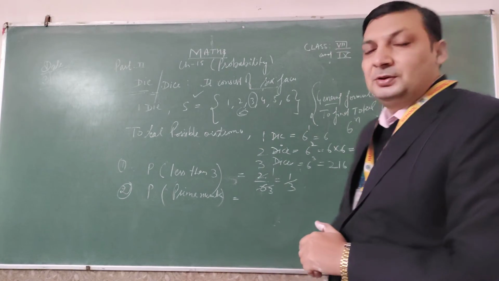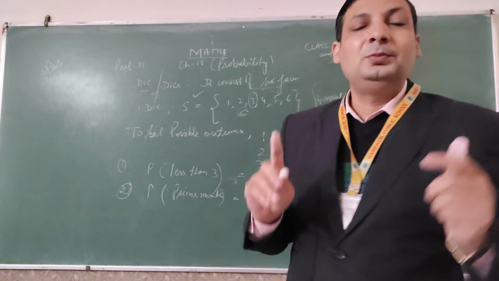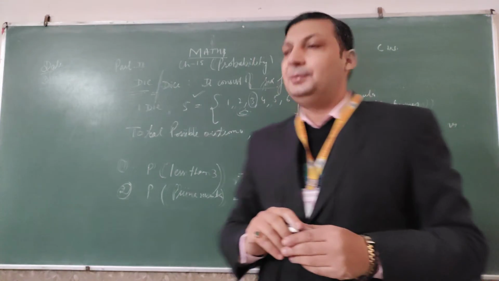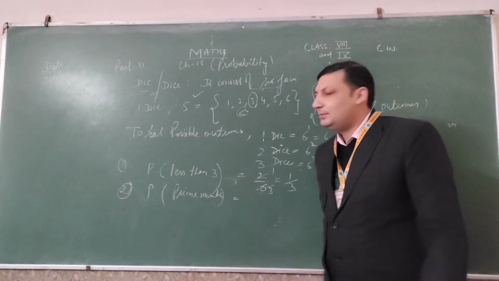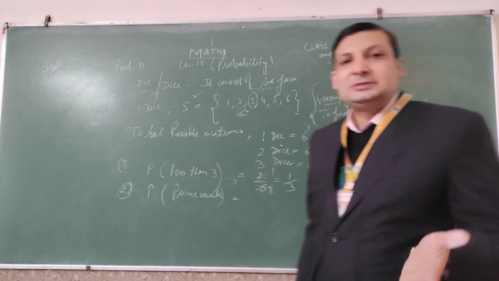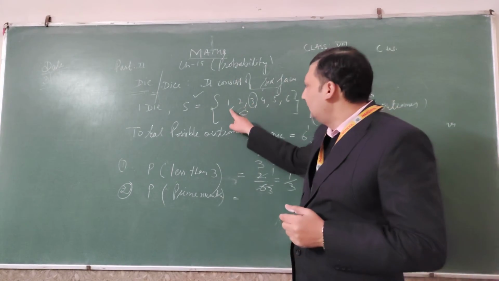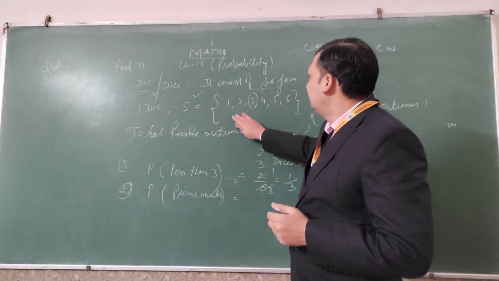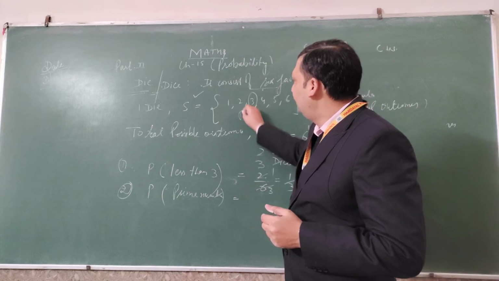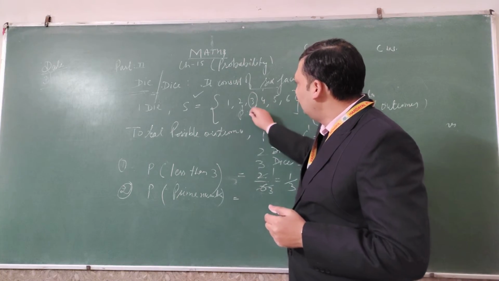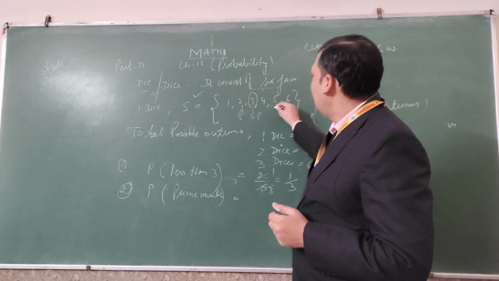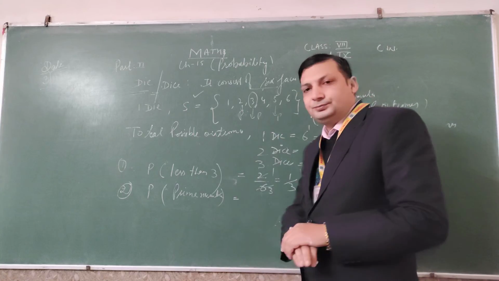So first we have to learn what prime numbers are. Everyone knows that prime numbers are those numbers which are divisible only by itself and 1. So we will not count 1 as a prime number. Which are the prime numbers here? 2 is a prime number, 3 is a prime number and 5 is a prime number.